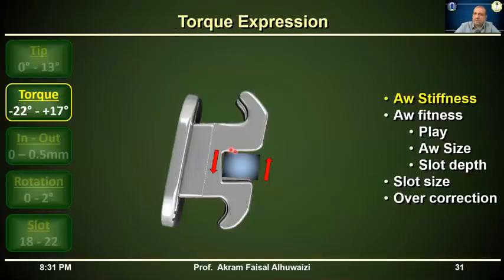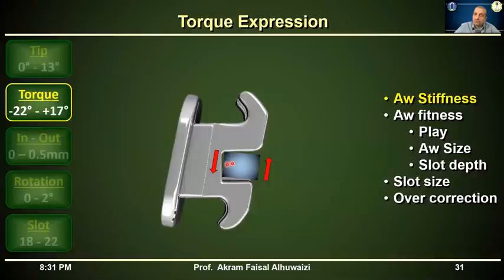So what are the factors at play here? Well, generally the same factors: archwire stiffness. The stiffer the wire, the more the force. So a stainless steel wire is going to generate more force than a NiTi wire. That's why it's said that NiTi wires generally have very poor torquing capability.